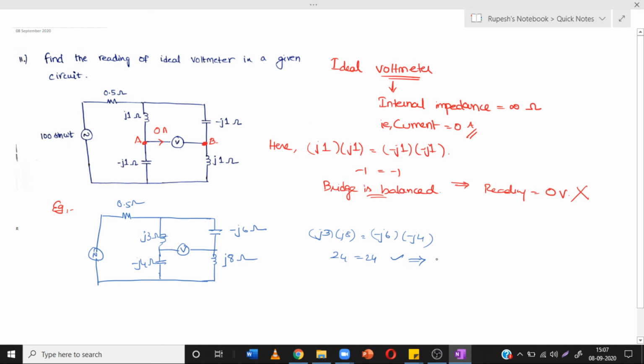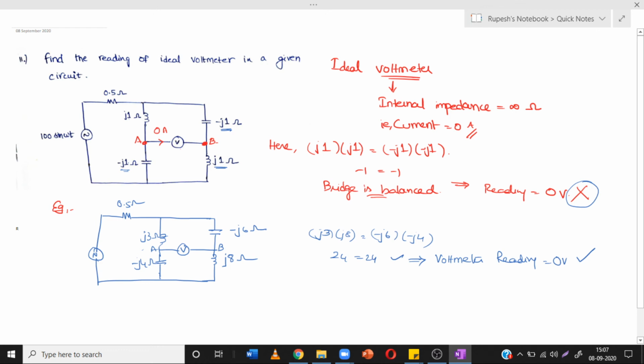Here in this case, the points A and B, the voltage across these points is 0, and hence the voltmeter reading must be 0 volts. This is correct, but that is not correct in the original. The reason is, if you observe the branch voltage here, J1 and minus J1 adds to 0, and here minus J1 and J1 also adds to 0.